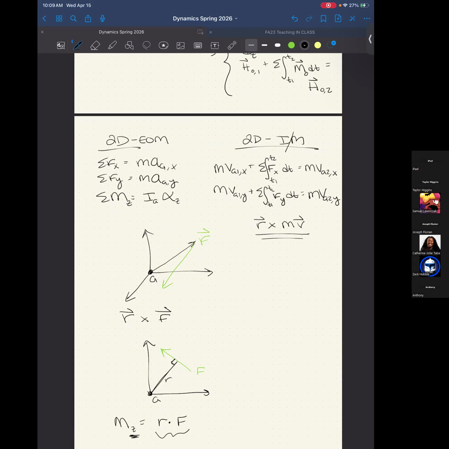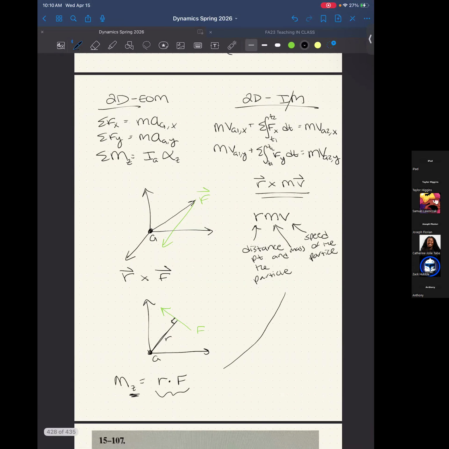R is only going to be the x and y direction. And this will always resolve down into an angular momentum about the z-axis, where we can just use the distance. Instead of using a vector r, we just use the distance between the point and the particle and the speed. We don't have to resolve it into x and y, it's just the speed of the particle. And this is, of course, the mass.